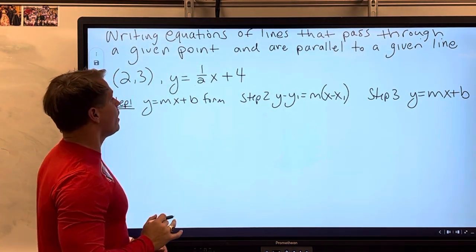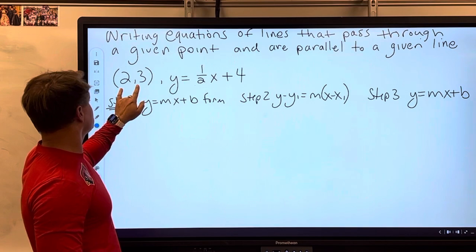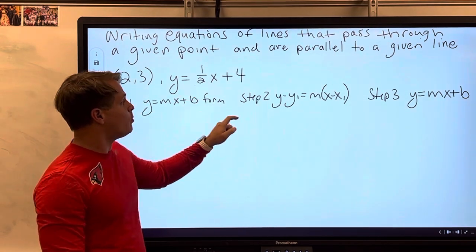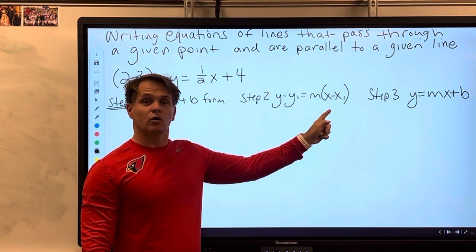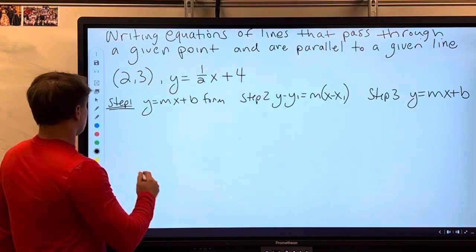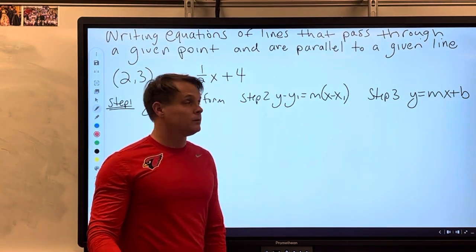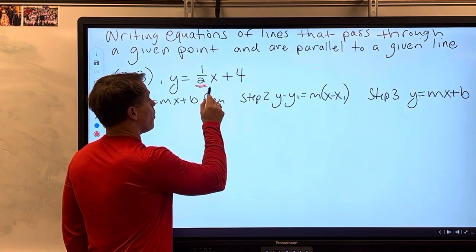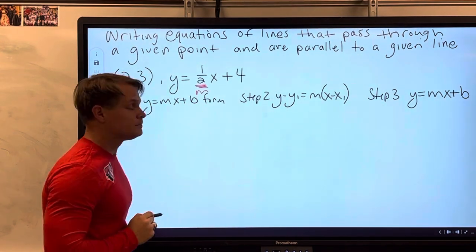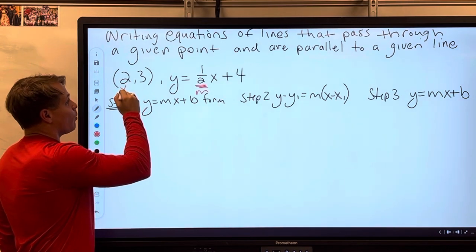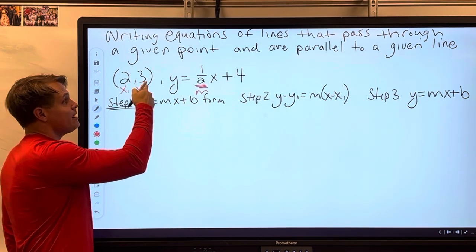Step number 2, I want to substitute the x and the y value and the slope in for this equation here. Now, again, the slope is not going to change if they're parallel. So I'm going to use the slope 1/2. That is m. My x1 and my y1 are right here.